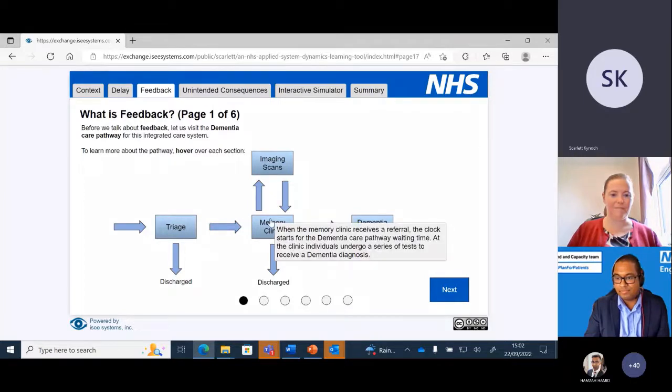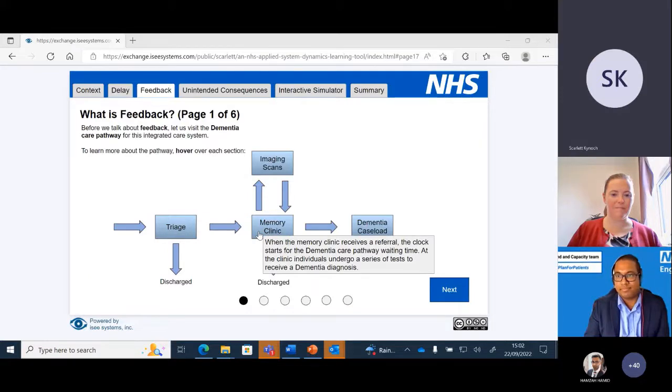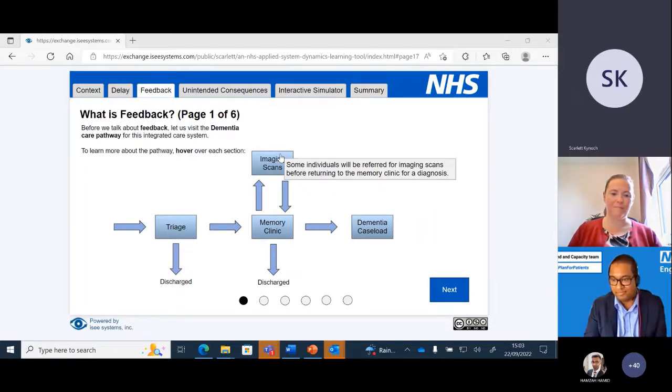They are then referred to a memory clinic, and the memory clinic receives this referral, and then the clock starts for the dementia care pathway waiting time. And at the clinic, individuals can undergo a series of tests to receive a dementia diagnosis. Now, some individuals will be referred on for imaging scans before returning to the memory clinic for a diagnosis.